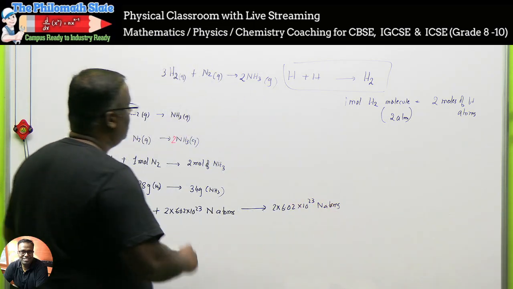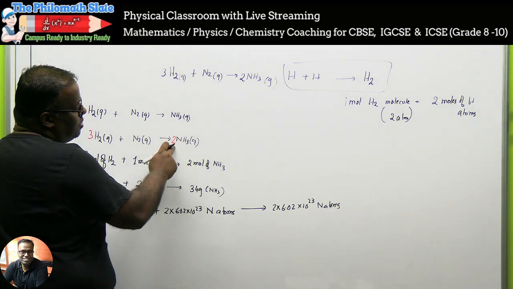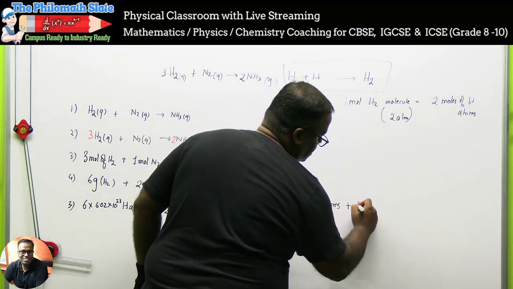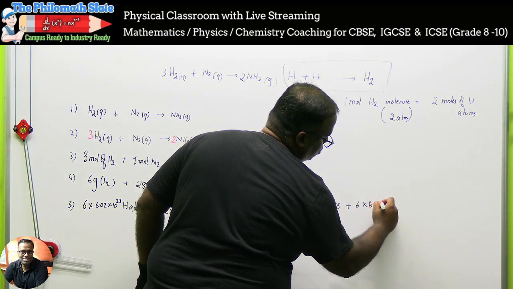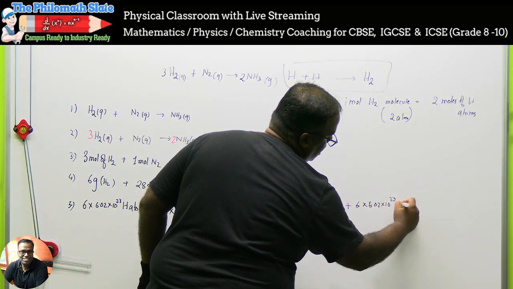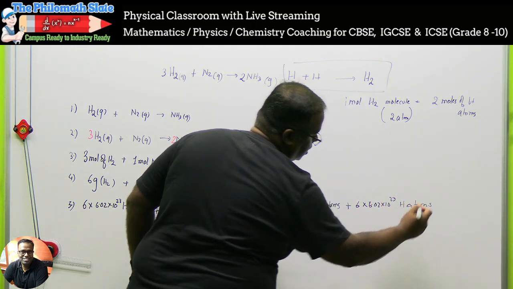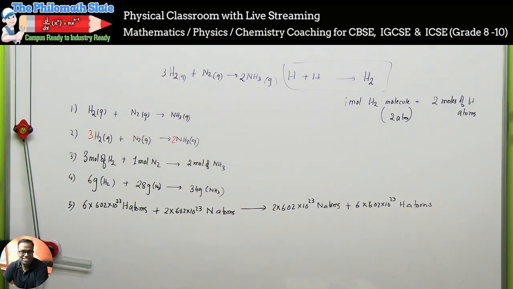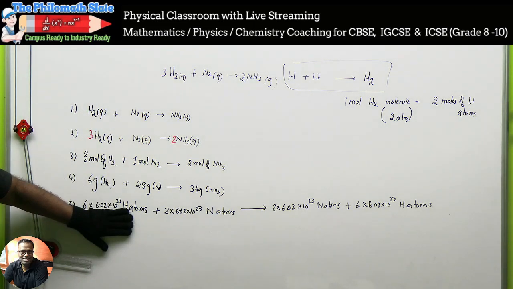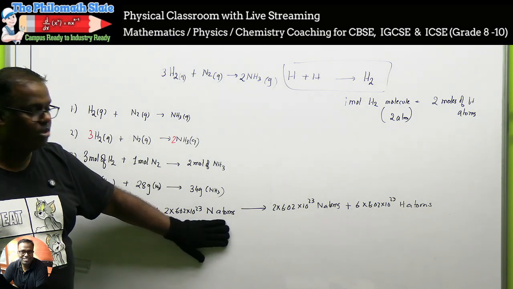You get it? And H3 and 2, that means 6 plus 6 into 6.02 into 10 to the power 23 hydrogen atoms. Now just see, is this present on the right hand side?